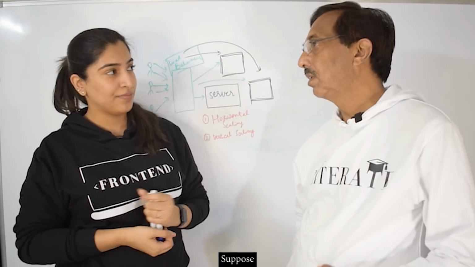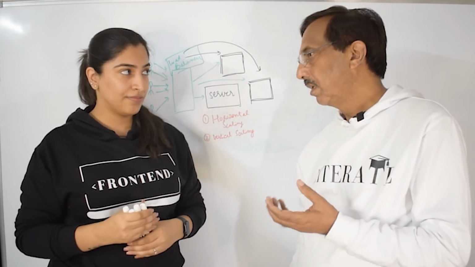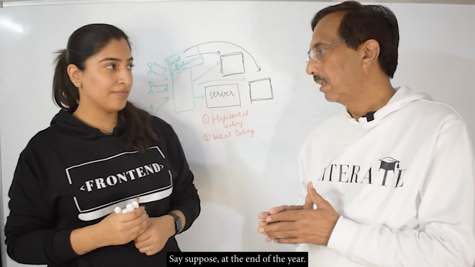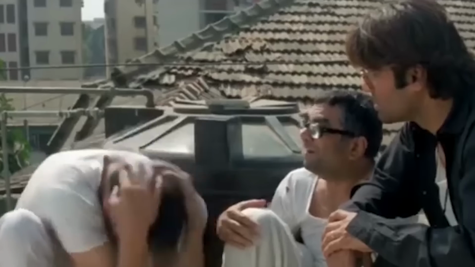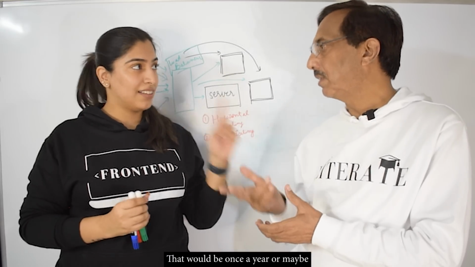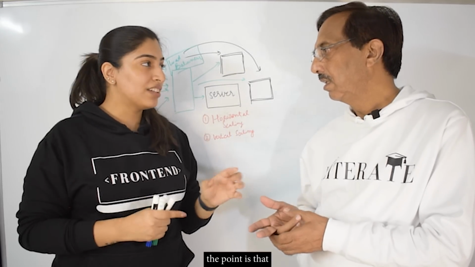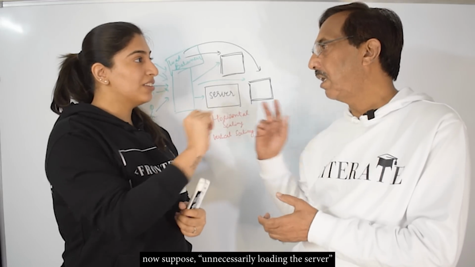Depends. Suppose there is some functionality which is not very frequently asked. Suppose at the end of the year, I ask for my capital gains in the stock system. That will be once a year or maybe twice a year. Very good. Now the point is that if we keep all the logic in that server, we are unnecessarily loading the server.